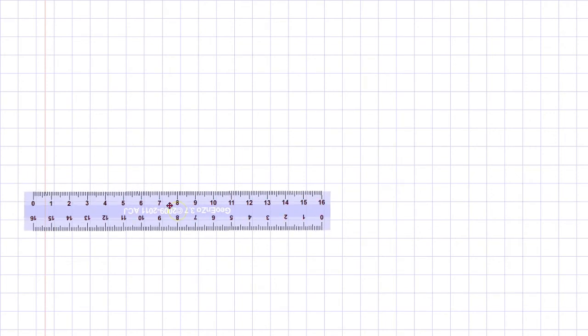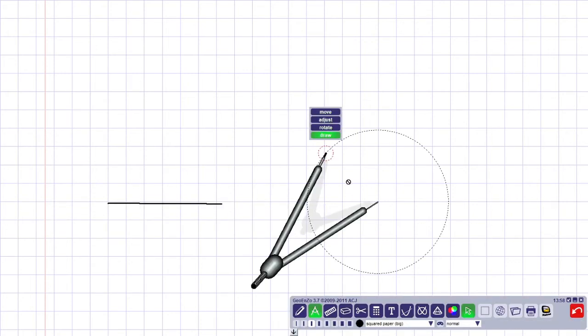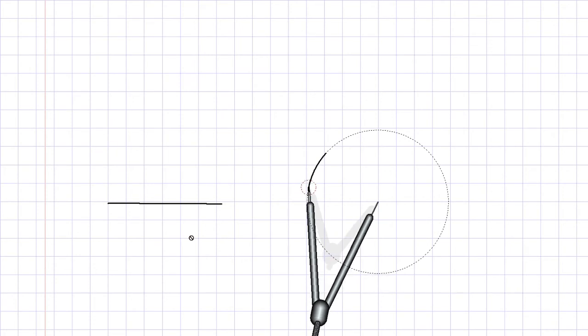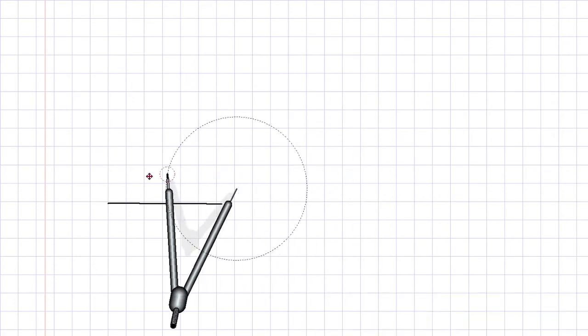Now let's construct a 30 degrees angle. Take the ruler. Draw a straight line and construct a 60 degrees angle. If we bisect a 60 degrees angle, then we can get 30 degrees. Half of 60 is 30. Therefore, construct the 60 degrees angle and bisect the angle.